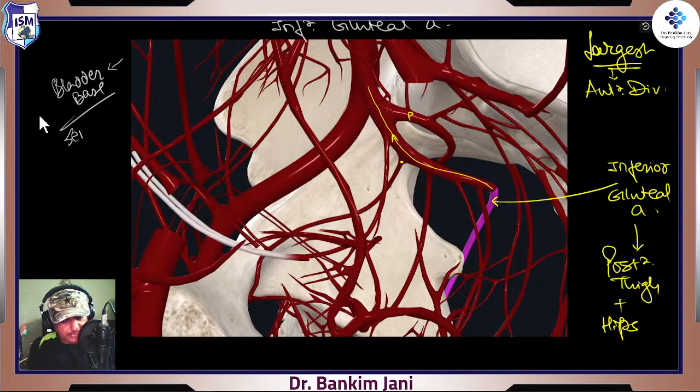There was the seminal vesicle, right? They were on the posterior side. Then just underneath there was the prostate, right? All of them were entering into the prostate. So it supplies branches to them, right? Always remember, nearest supplies.